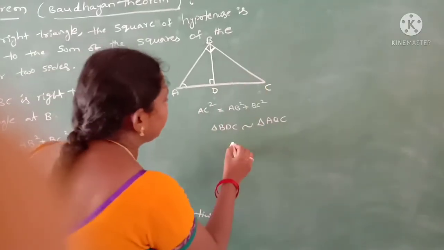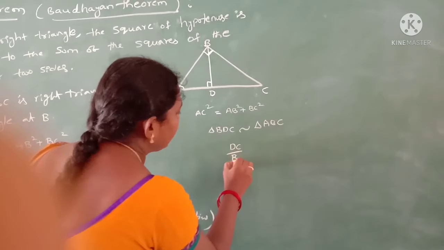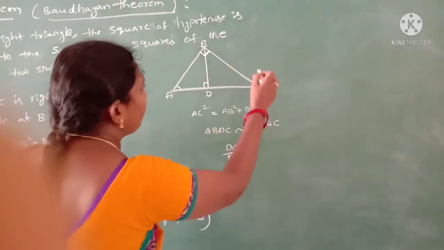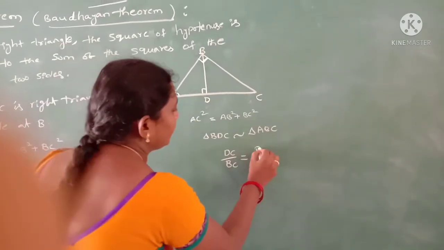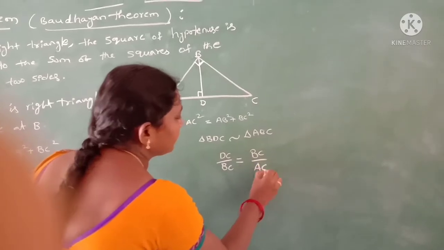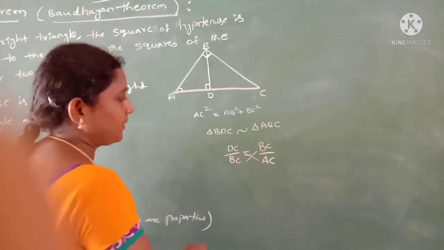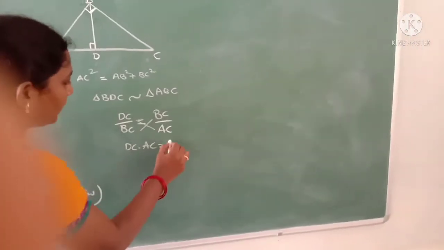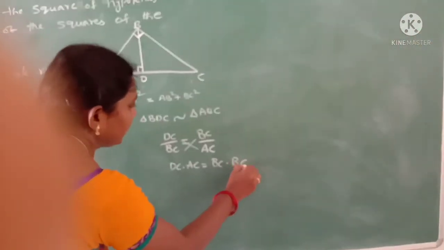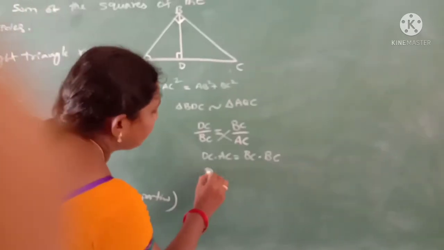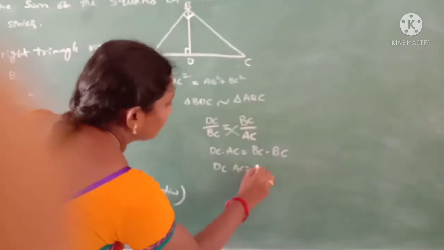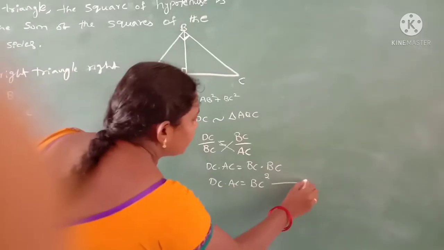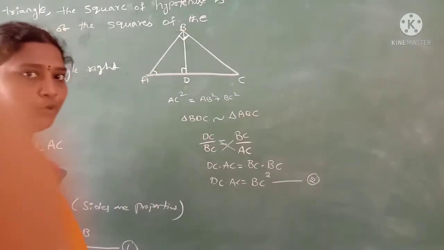DC by BC is equal to BC by AC. Next, cross multiply: DC into AC equals BC square. This is equation 2.